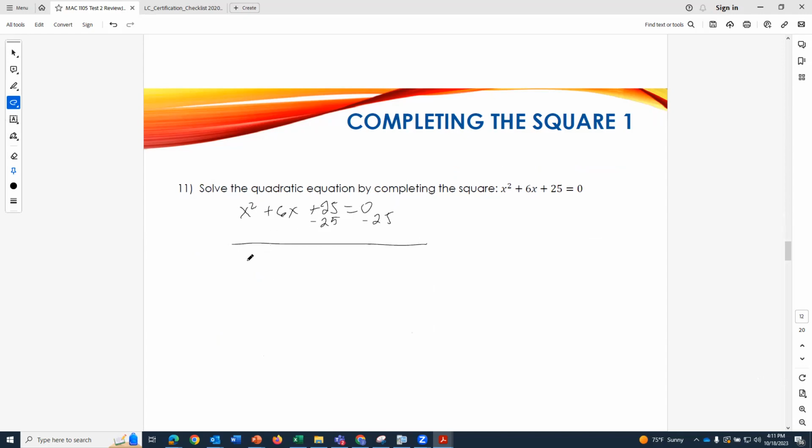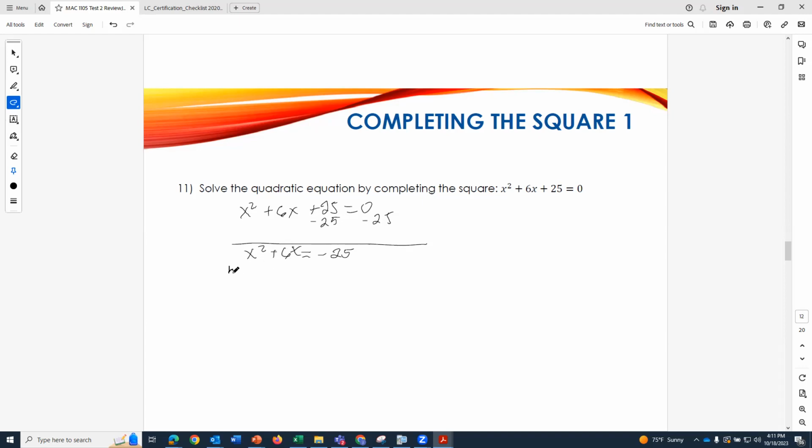What we have is x squared plus 6x equals -25.